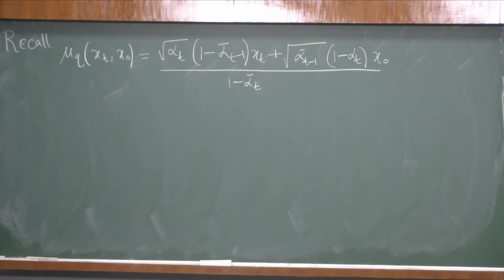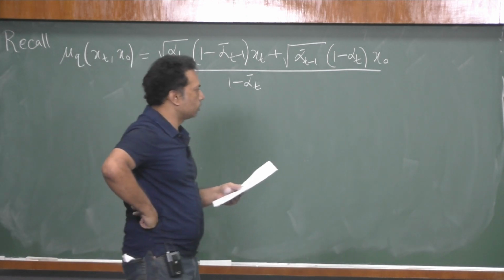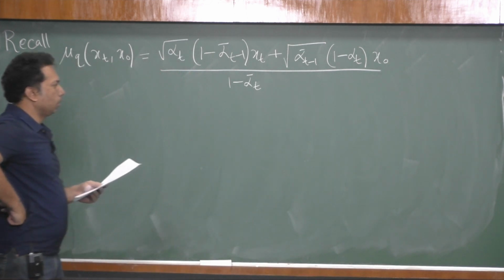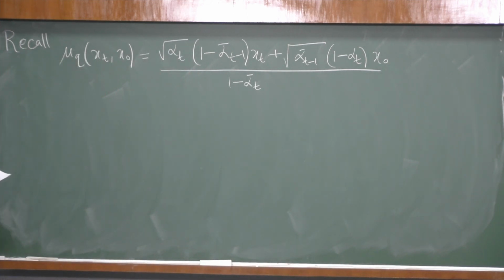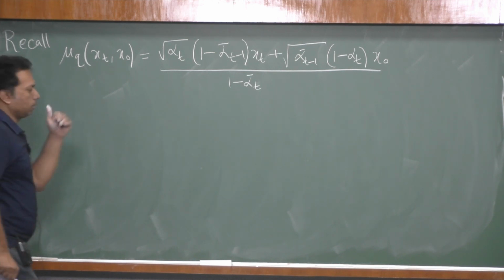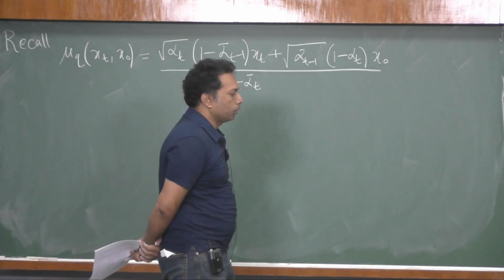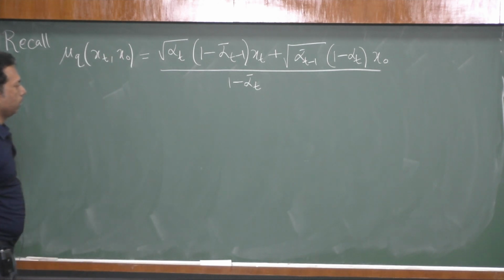Now the question is, what should be our choice of mu theta? What we observe is that mu theta also conditions on xt. Given an xt, we are trying to see what could be xt minus 1.